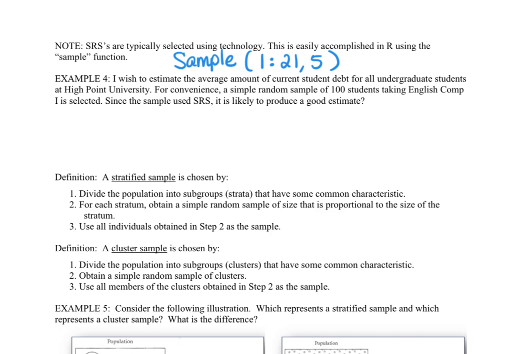I don't hear you discussing it with each other. Unmute your mics and discuss it with each other.